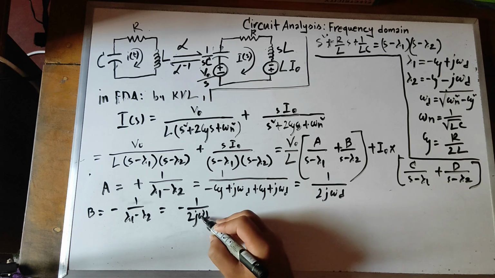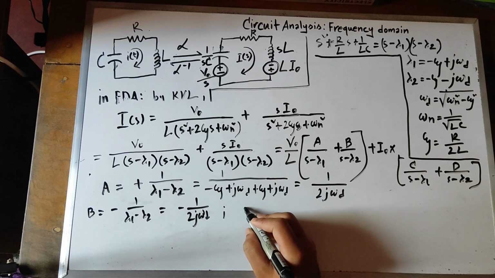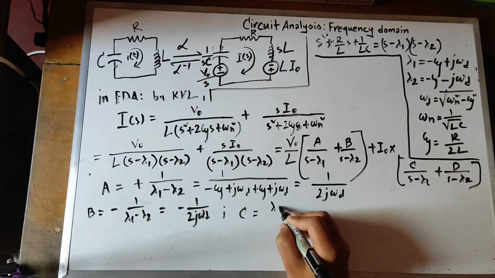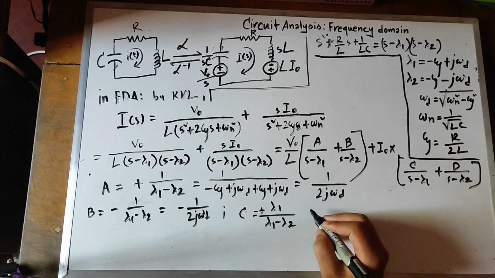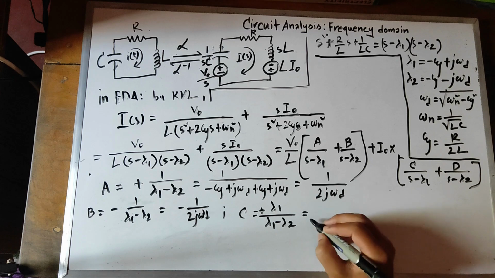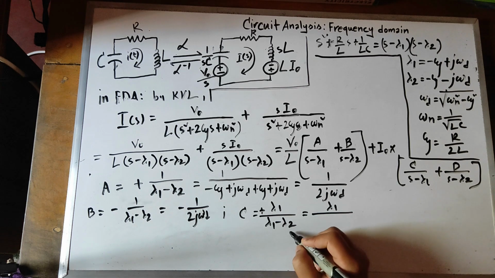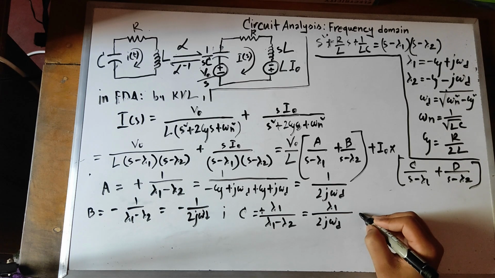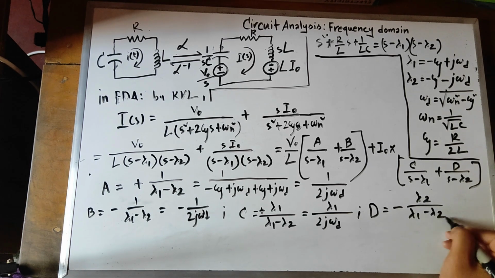Also we have found C to be lambda 1 by (lambda 1 minus lambda 2), which is plus lambda 1 by 2 j omega d, and D is minus lambda 2 by (lambda 1 minus lambda 2).